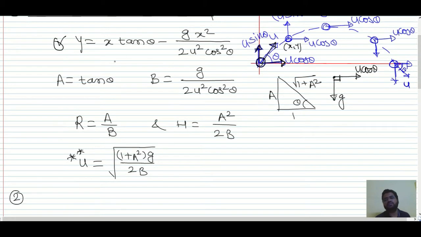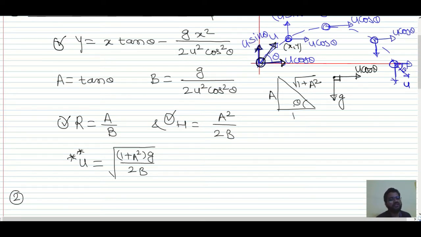So a is equal to tan theta, and b is equal to g by 2u squared cos squared theta. Now what is the range? The range formula is a by b, the height formula is a squared by 2b, and u is equal to root of (1 plus a squared) g divided by 2b. Now this triangle you need to remember, in which tan theta is a, so the hypotenuse is root of 1 plus a squared.